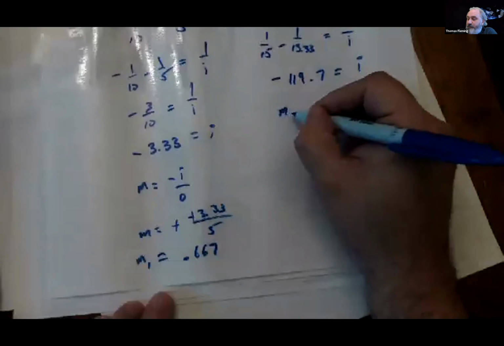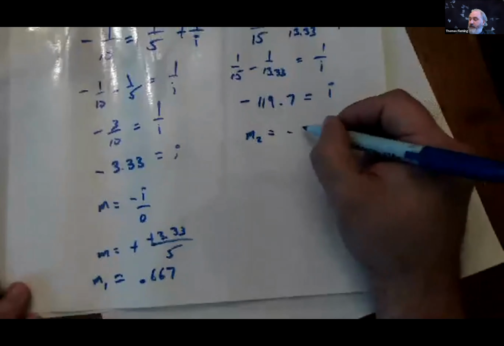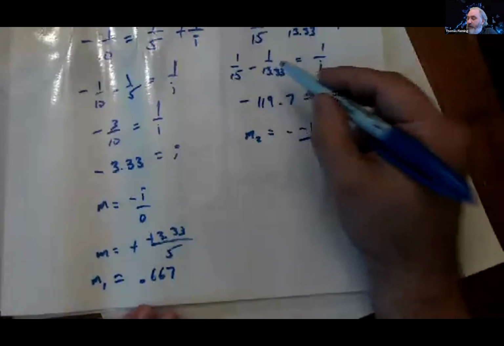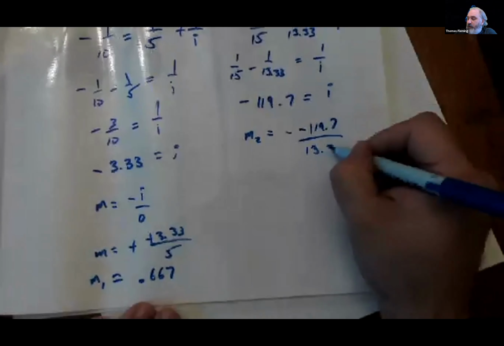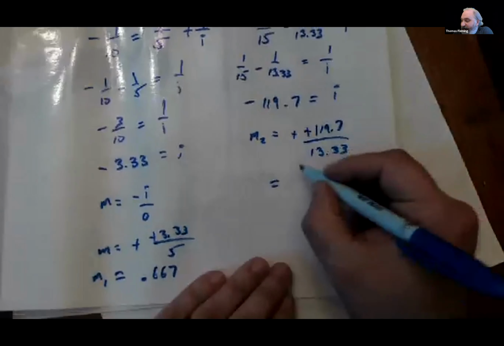Now, the second magnification is negative its I, which was negative 119.7, divided by its O, which was 13.33. Notice the minus signs cancel, so my image is still upright, but it's a whopping 8.98 times larger.